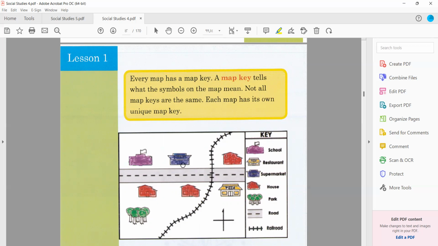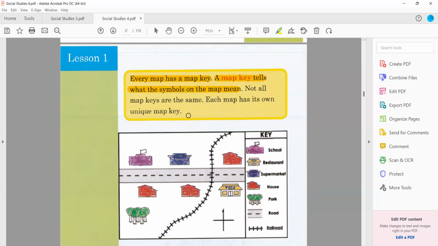How do you know if this is a school or if this is a home, if this is a shop? So there has to be a way to tell what these symbols mean on the map. So here we introduce a map key, and every map has a map key. The map key tells us what symbols on the map mean.